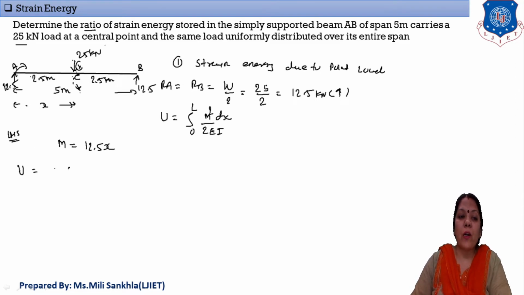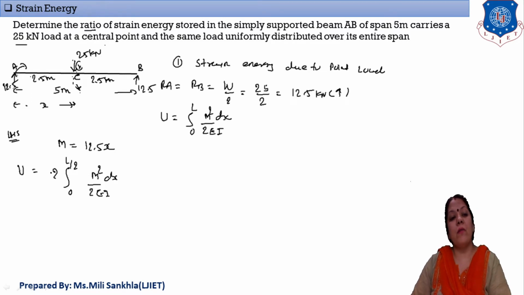So we write the limit of 0 to L by 2 and M square by 2EI into dx, and we multiply by 2 because we have two portions of strain energy.